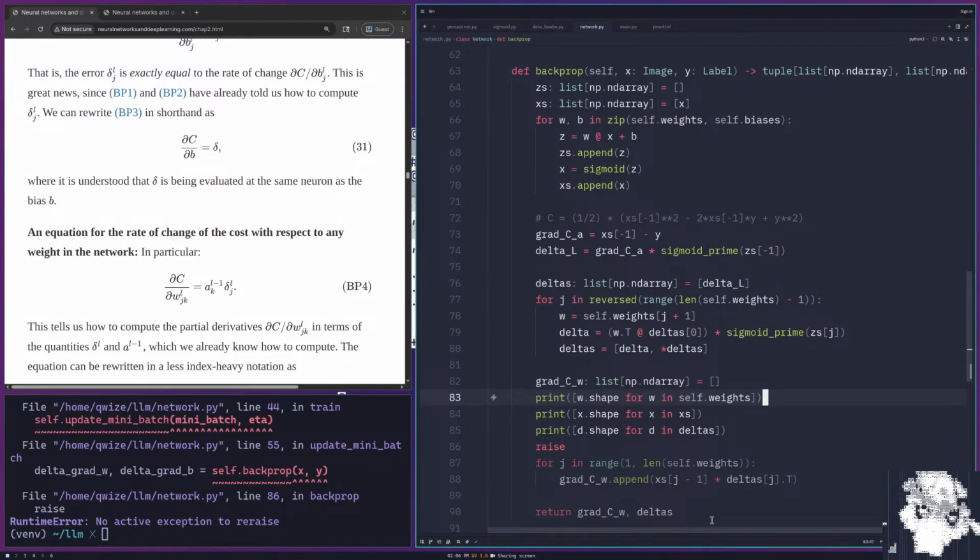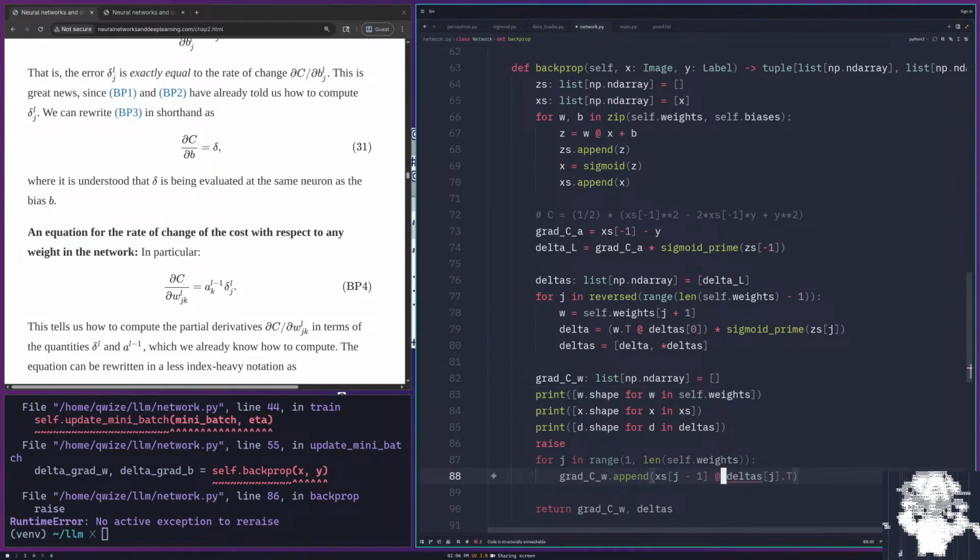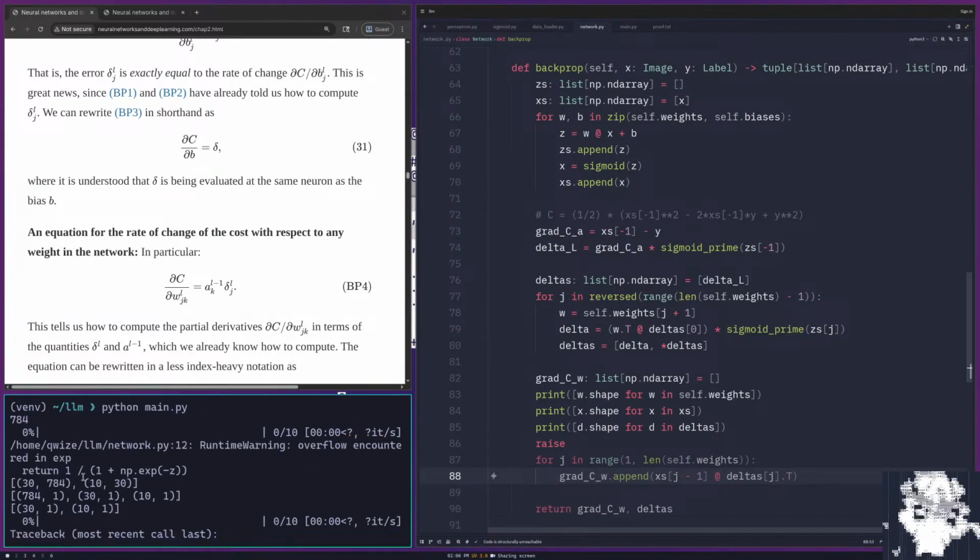Oh, you know what? This needs to be an at if this is going to be matrix multiplication now. So what we want to end up with is 30 by 784, which means if you transpose this, you get 1 by 30.